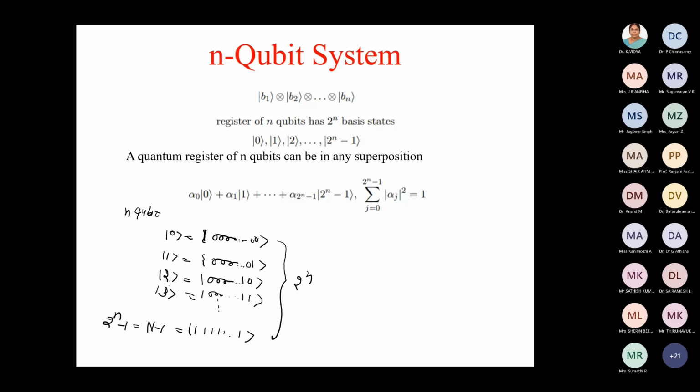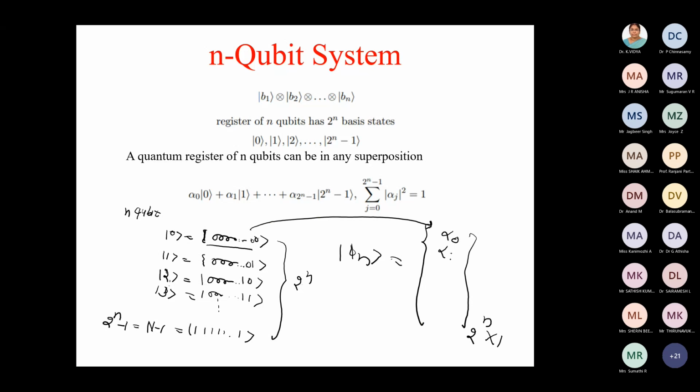If I write the state as phi n, as a column vector, it will be 2 power n cross 1. Here will be the coefficient of each state. The all-zeros state coefficient we call alpha 0, then alpha 1, alpha 2, and finally alpha n minus 1, where capital N is 2 power n.